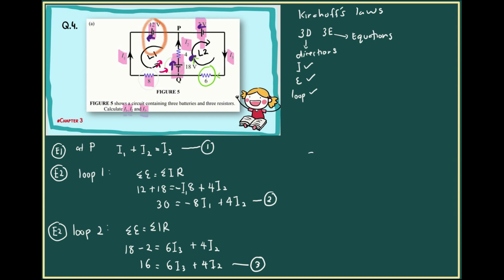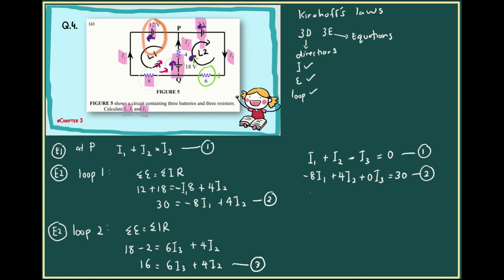Now we want to calculate the values of I1, I2, and I3. So we rearrange the equations so that I1 comes first, followed by I2 and I3. The first equation is I1 plus I2 minus I3 equals 0. The second equation is negative 8I1 plus 4I2 plus 0I3 equals 0, where we put 0 as if we have I3 there.